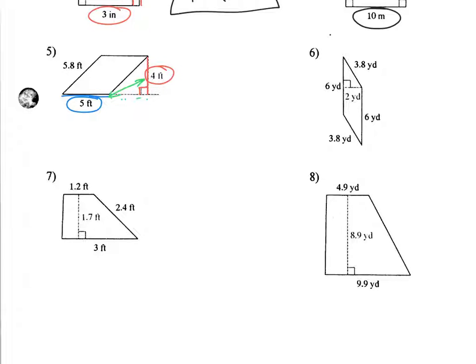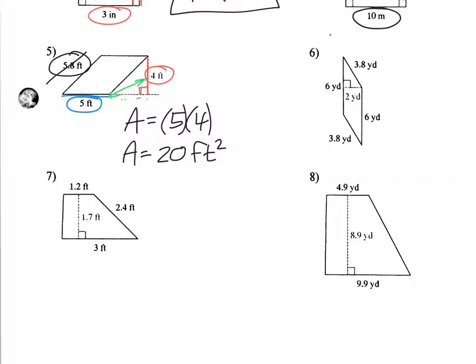So that 5 there is our base. What's this 5.8? Nothing. It's not necessary. So again, area is base times height. So if you do that, you get 20. That would be feet squared.